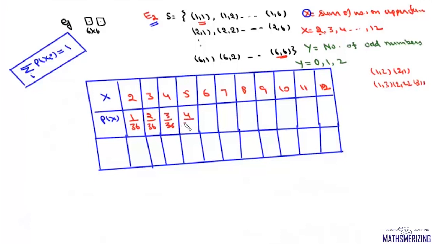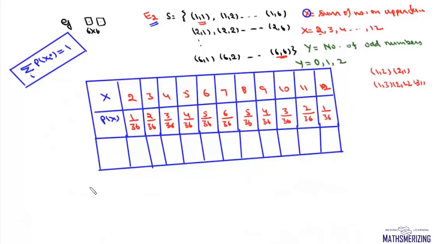Now 5 will be 4 by 36. 6 will be 5 by 36. 7 will be 6 by 36. And 8 again will be 5 by 36. 9 is 4 by 36. 10 is 3 by 36. 11 is 2 by 36 and 12 is 1 by 36.